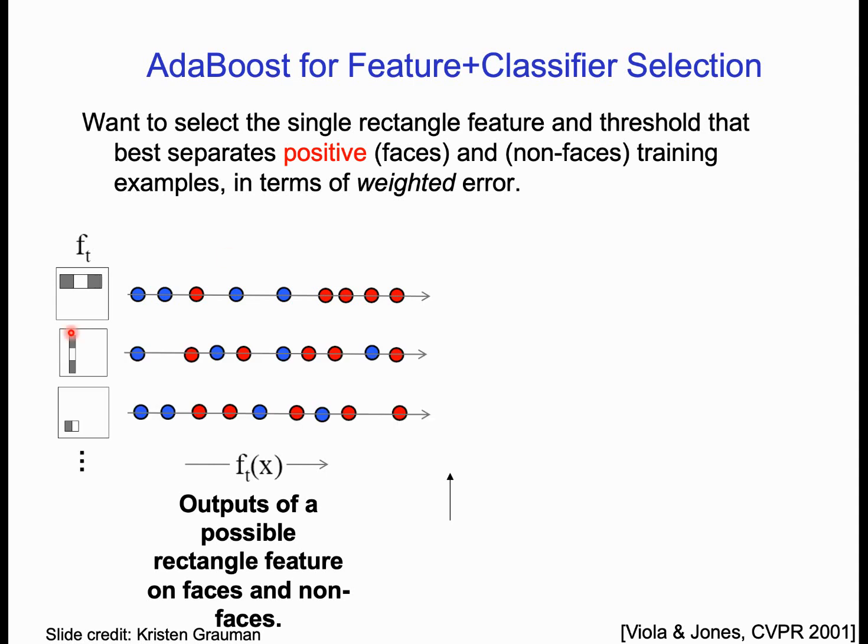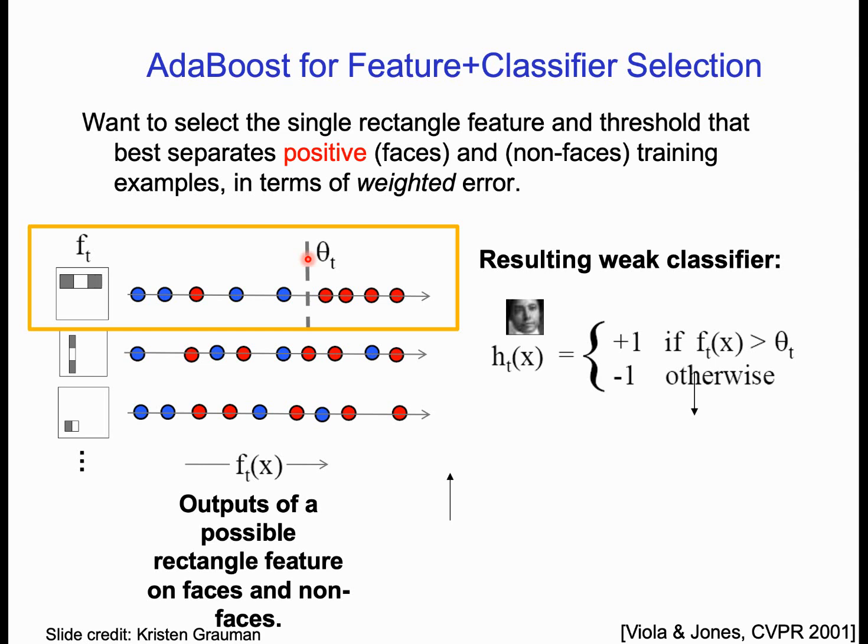Then I will look at another feature, and then another feature. I will try many different thresholds and choose the threshold and the feature that give me the best separation. For example, this feature will give me the best separation with this threshold, and that will be my first weak classifier.